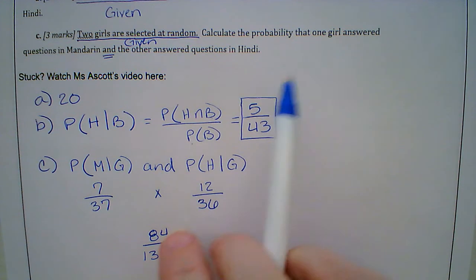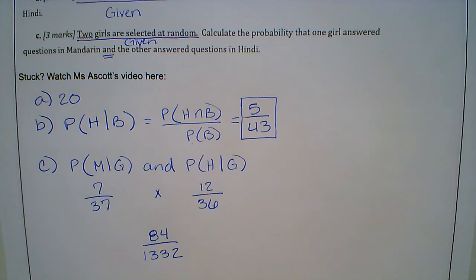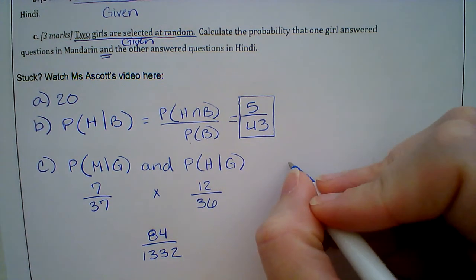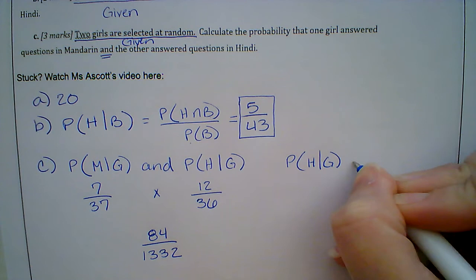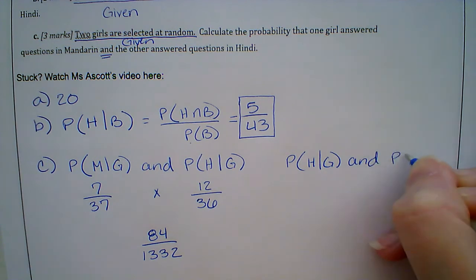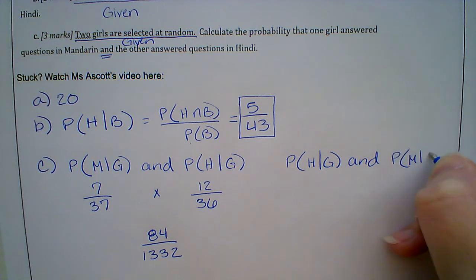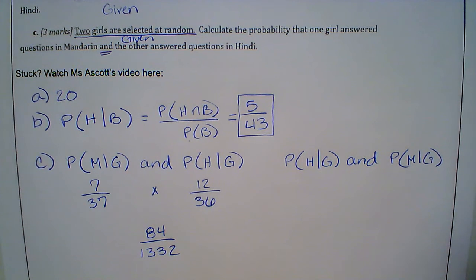Because notice, all I want is one girl to speak Mandarin and the other one to speak Hindi. The catch is, does it tell you the order they have to go in? It does not. Notice this is the first girl speaks Mandarin and the second girl speaks Hindi. But what other possibility could happen? Well, the first girl could have spoken Hindi and the second girl could have spoken Mandarin because it didn't tell us what order.